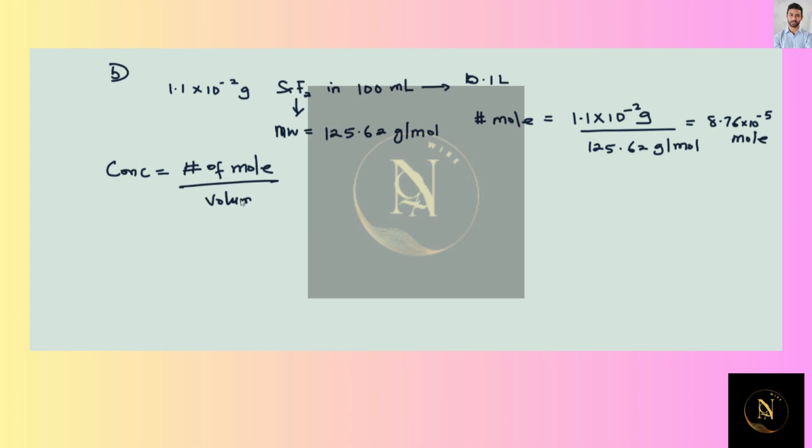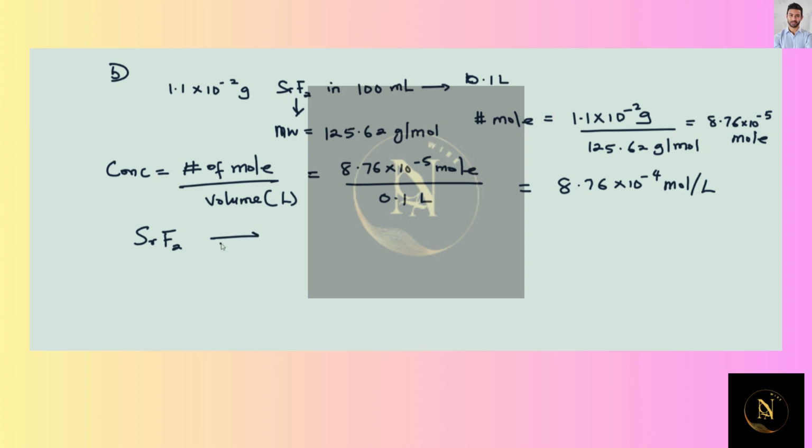Concentration will be equal to number of mole divided by volume in liters. So this would be 8.76 times 10 to the power minus 5 mole divided by 0.1 liter. And this will give us 8.76 times 10 to the power minus 4 mole per liter. Now that we know the concentration, we know SrF2 will dissociate in aqueous solution to produce Sr2 plus aqueous plus 2F minus aqueous. If we use the ICE table setup, initially we started with 8.76 times 10 to the power minus 4.